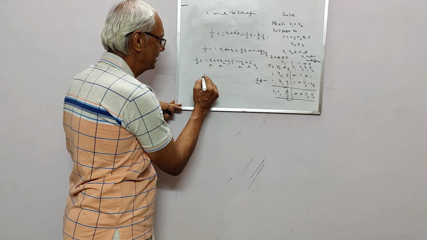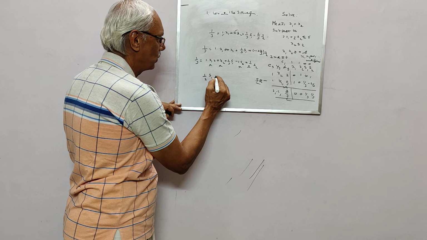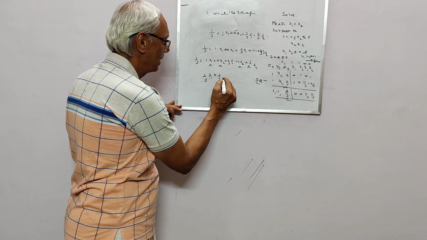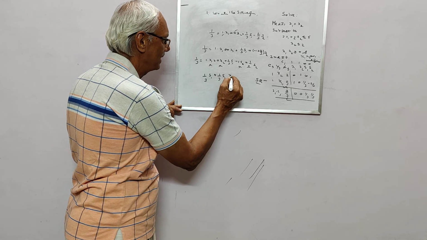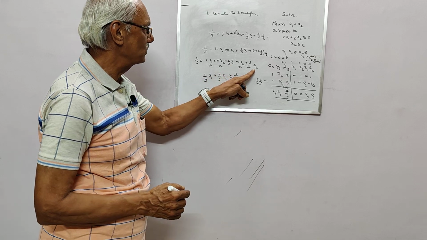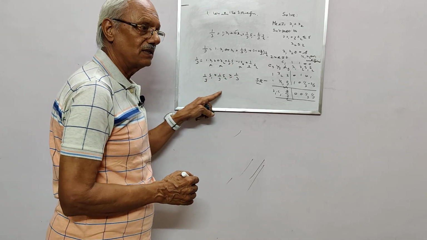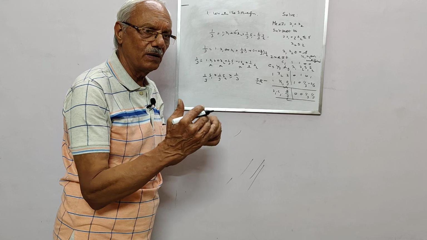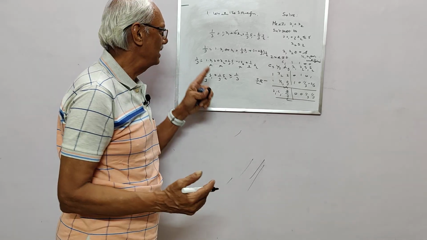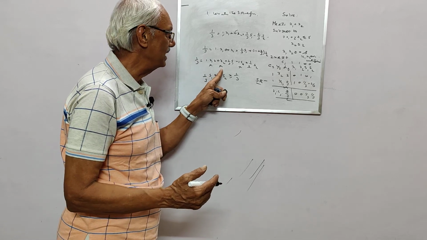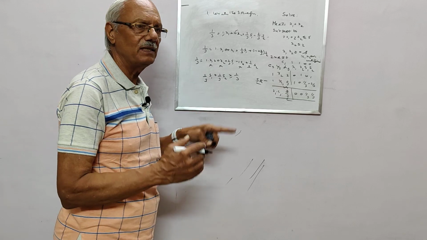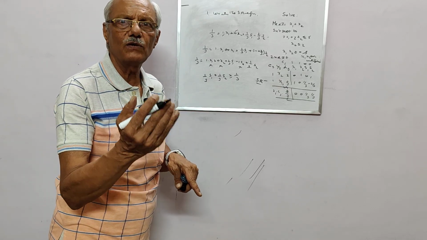Then you write this as 1 by 3 of s1 plus 1 by 3 of s2, and you will find that this is greater than or equal to 1 by 3. That is, the sum of the variables will be greater than or equal to the constant on the other side of the equation.